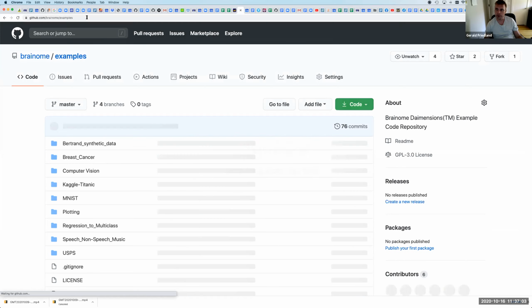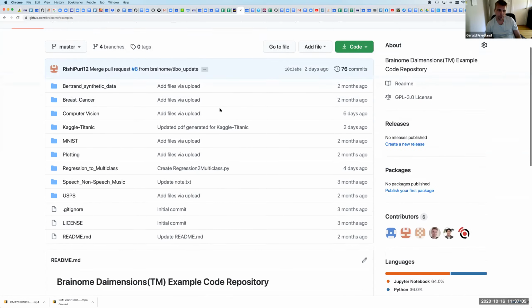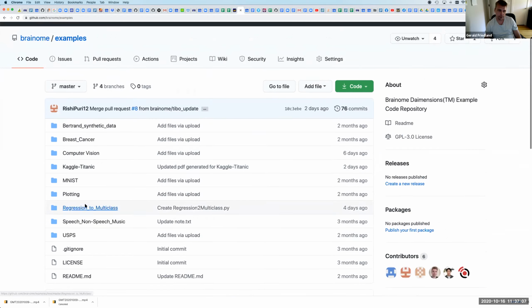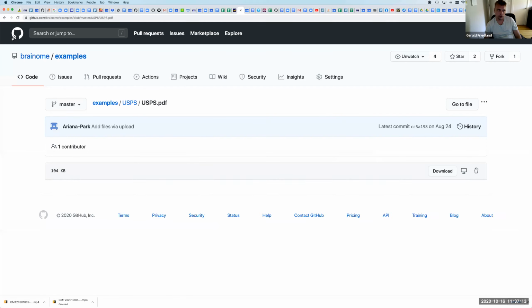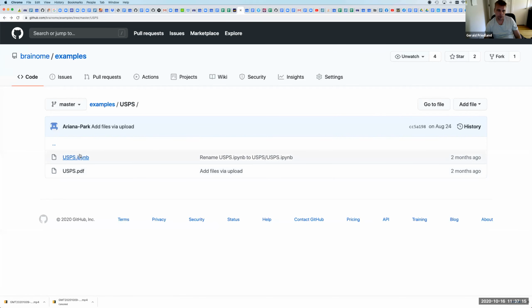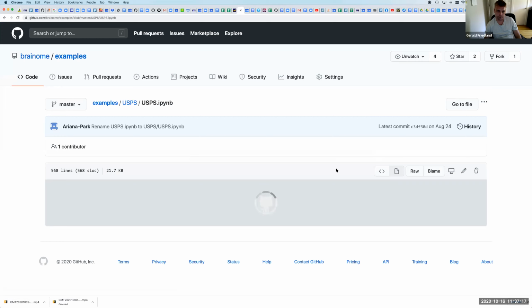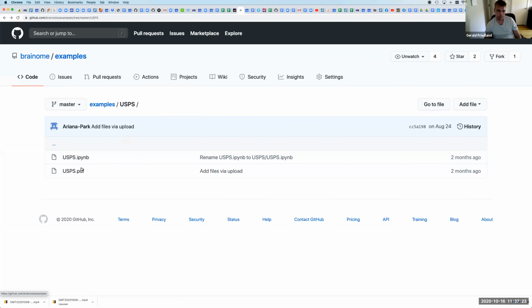If you look at examples, you see a bunch of, for example, USPS measurements, and you can just open the IPython notebook. Okay, I maybe use the PDF.